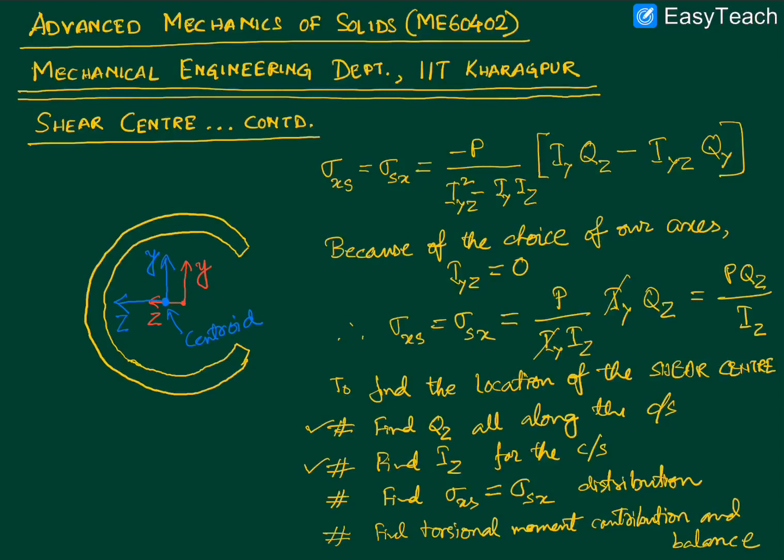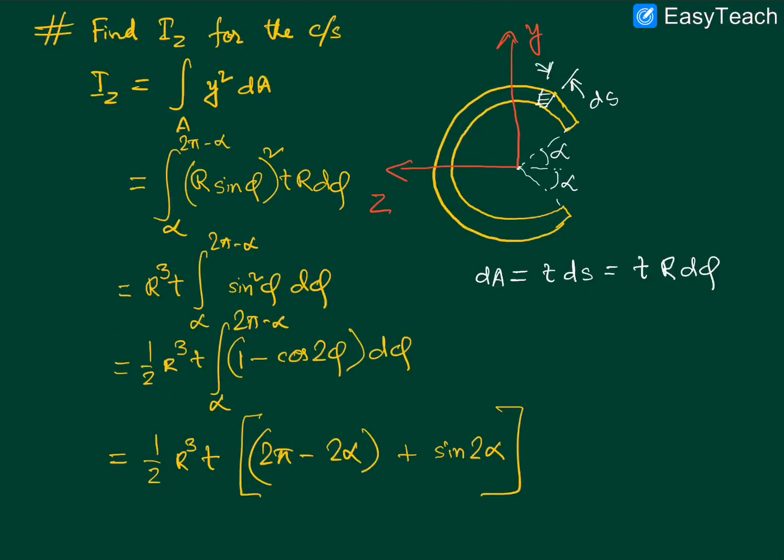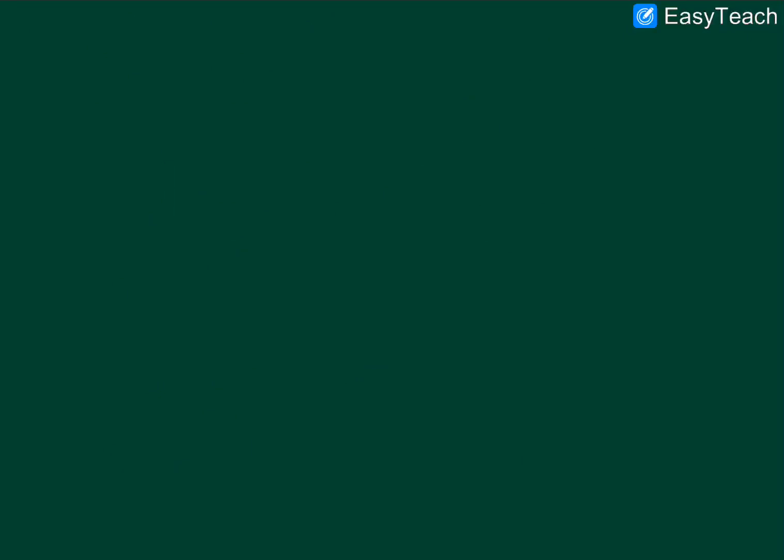Now we can immediately go to this expression here for sigma Sx or sigma Xs and put down the values of Qz and Iz that we have found out, and get the distribution for the sigma Sx or sigma Xs. So that's what we are going to do. Okay, so let's go to the next slide, the next page.